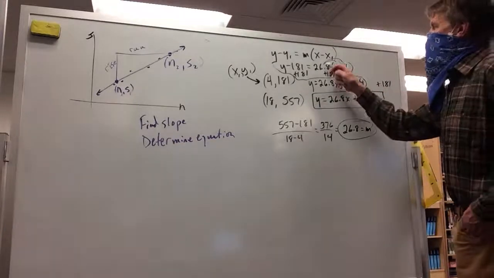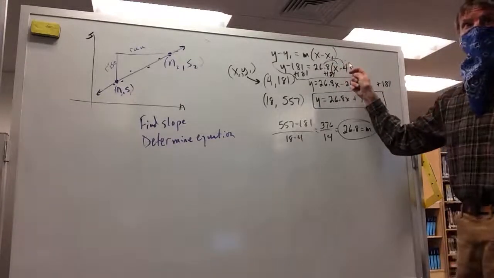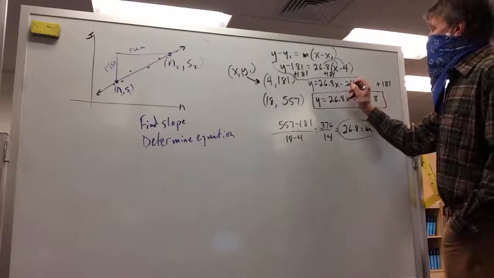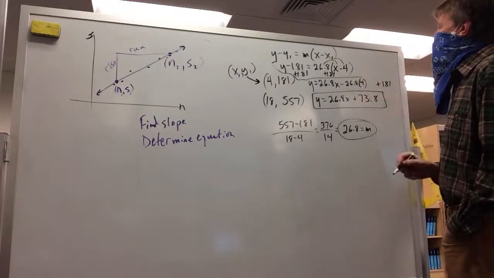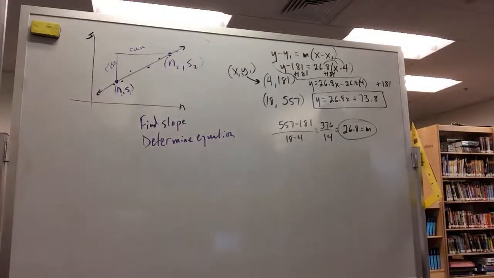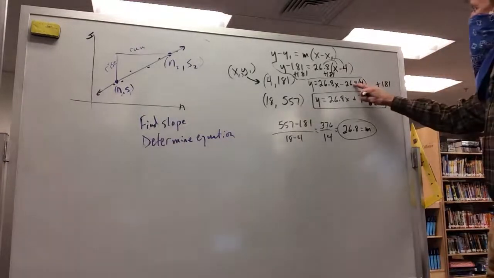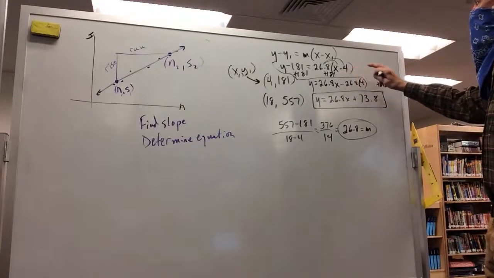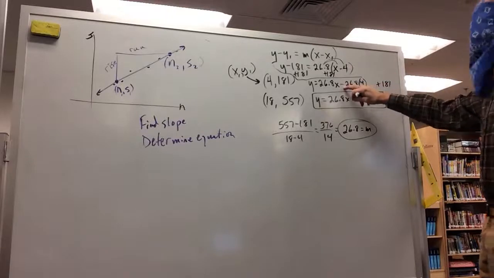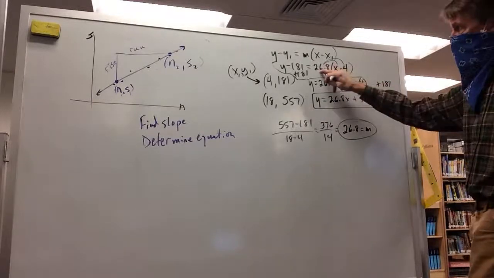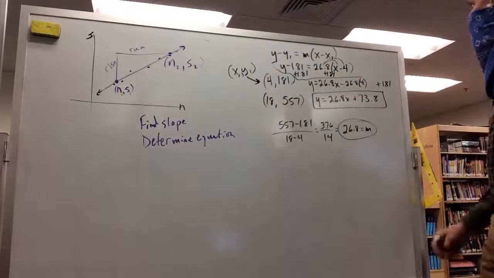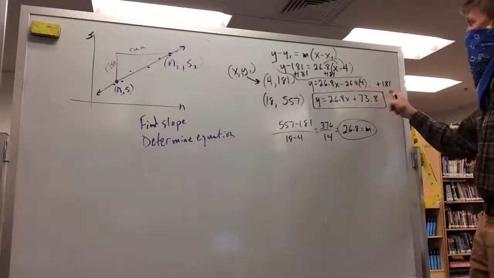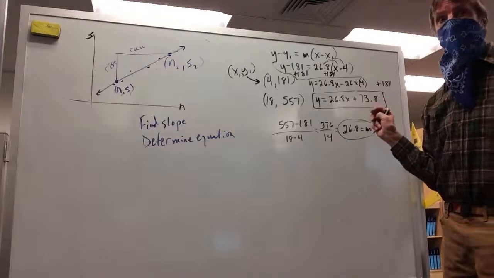And so then I distribute 26.8 times the x and times the negative 4. So then I'm subtracting 26.8. Oh, shoot, that's wrong. I screwed up. Because you have to subtract. No, that's right. I'm okay. Subtract the 4 times your slope. Okay. And then you combine the like terms here after you multiply, and then you get your y-intercept.